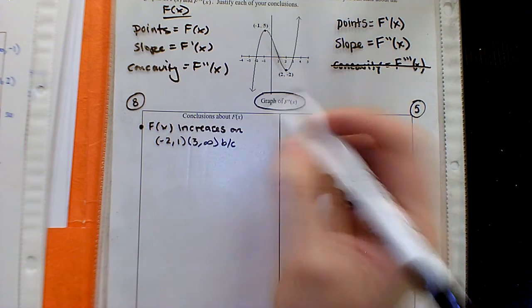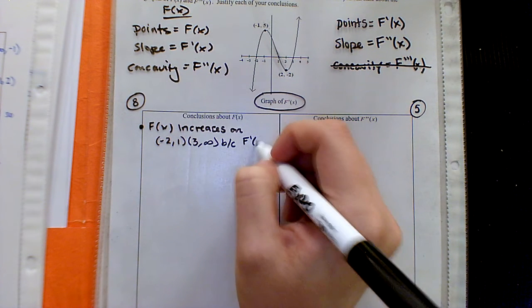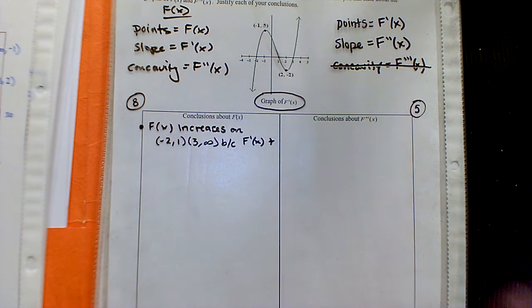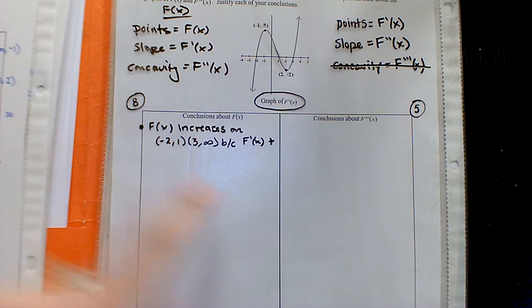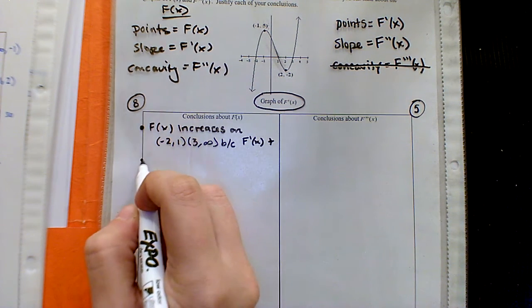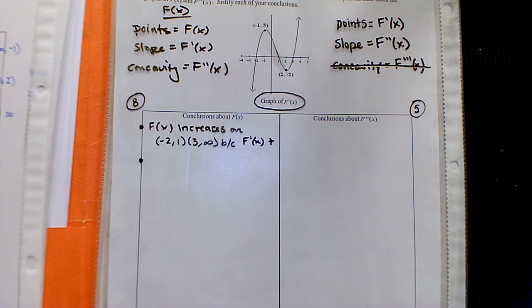Because the first derivative is positive there. Since this is the graph of the first derivative, all of our justifications should say because f prime does something, because f prime is something. So they should all be because f prime. I like it. 7 more to go.